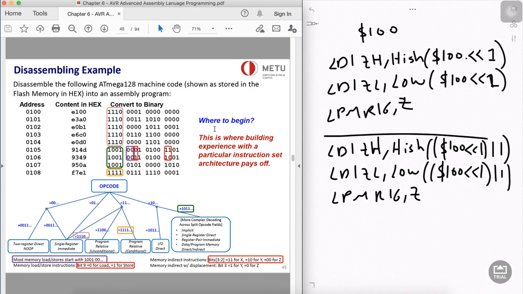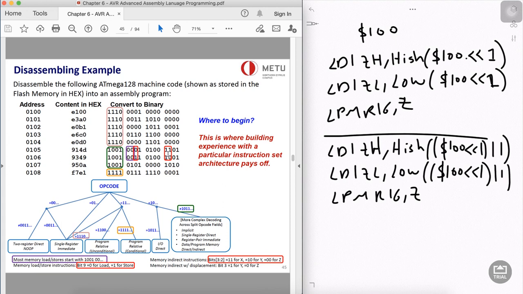And 111 is a relative program, so it's conditional. We have to find that out as well. So you can distinguish these things from this. The purple one is where most memory load stores start. In memory load instructions, bit 9 is 0 for load and 1 for store. So you can check that from that as well.